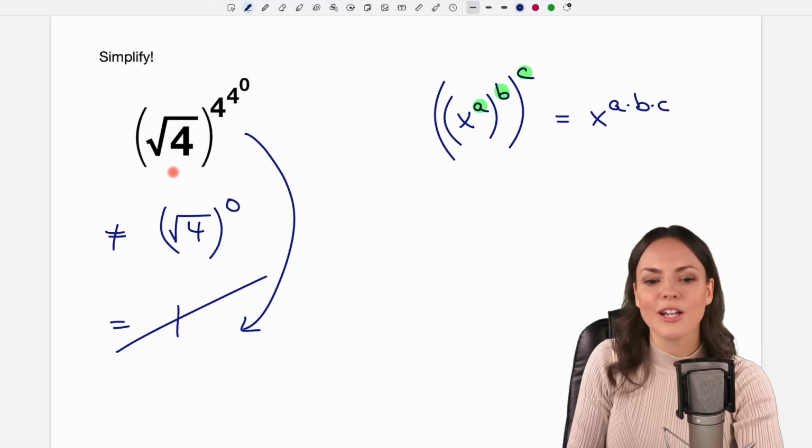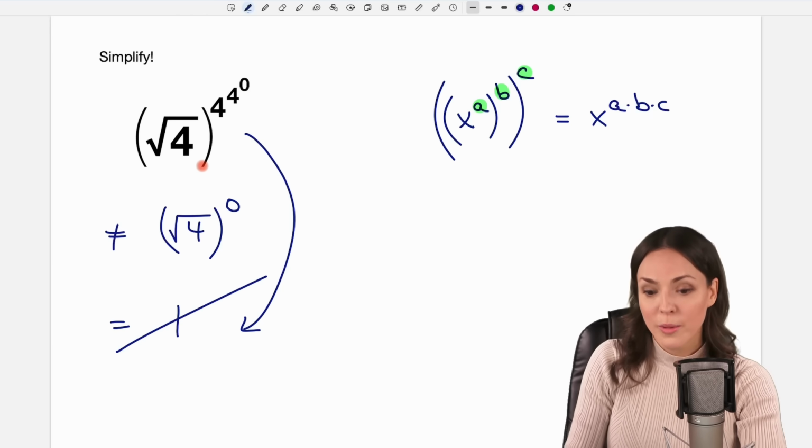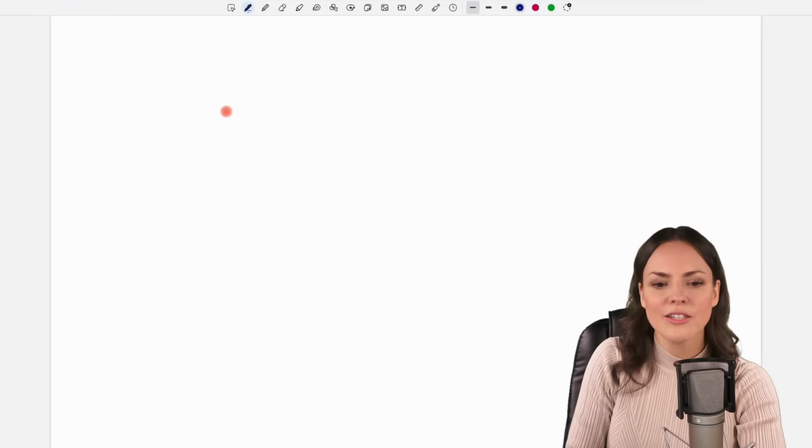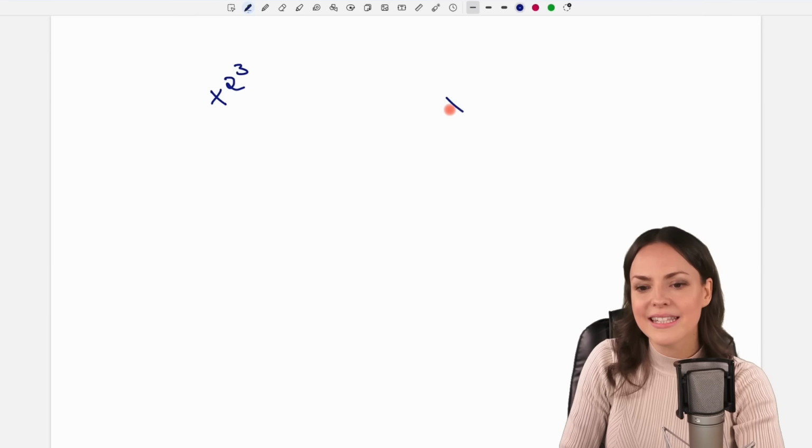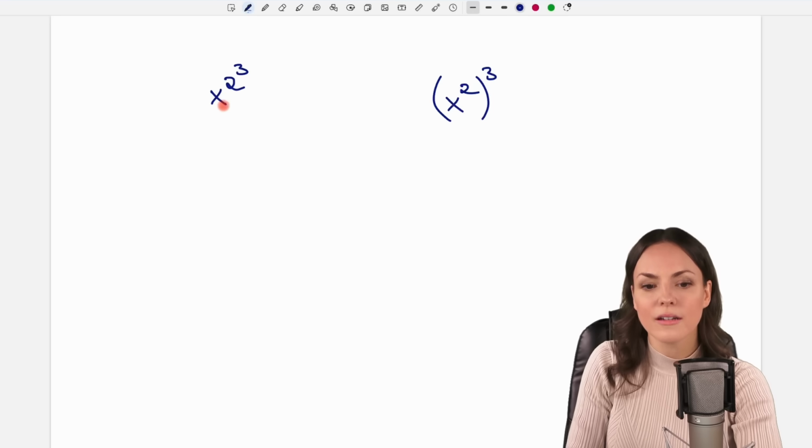But how can I solve this then? Before we go to this example, let's just see that x to the power of 2 to the power of 3 is not the same as x to the power of 2 and then to the power of 3. These are two different things.